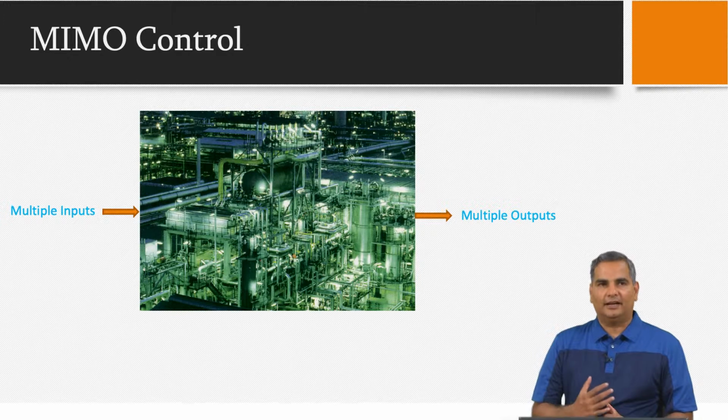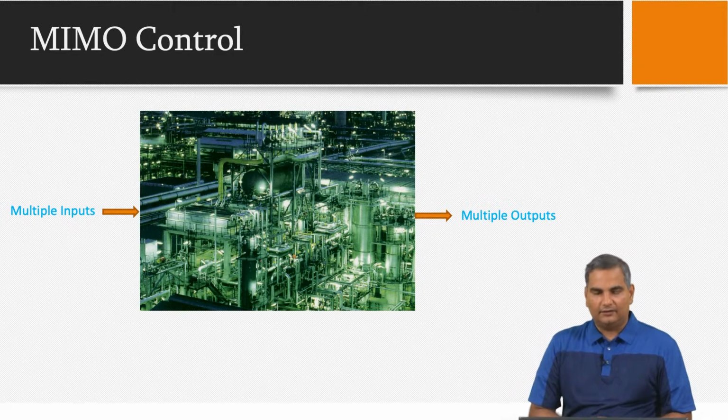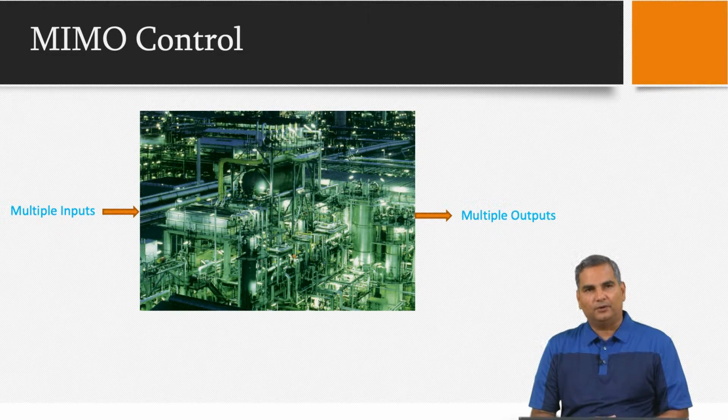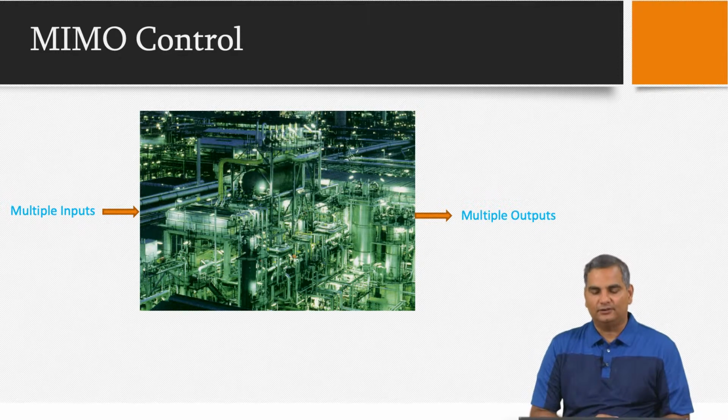So, we looked at how we can extend things that we have learned from a SISO control viewpoint to this MIMO control. So, we talked about decoupling, we talked about bringing in more loops within the SISO control framework, and then finally we talked about model predictive control.